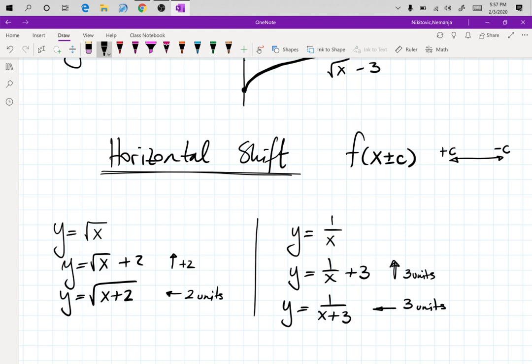You see that the plus 3 is in a different location. The up and down shifts we learned are added to the end of the function, on the outside, right? Where the new horizontal shift we are learning is added within the function. So this is inside the square root. It is inside the fraction. And that's how they're different.